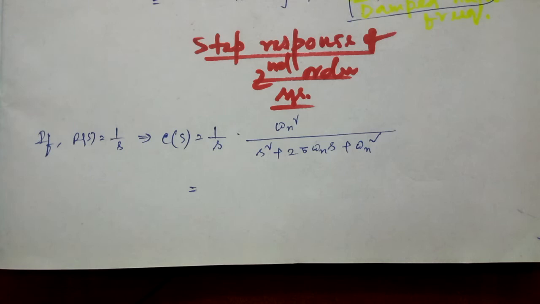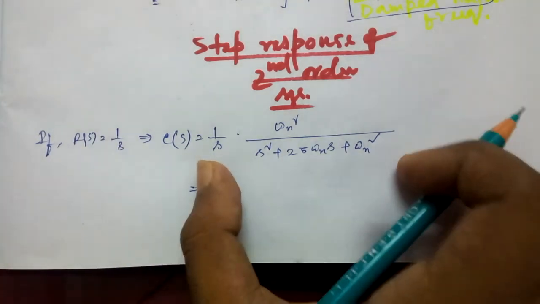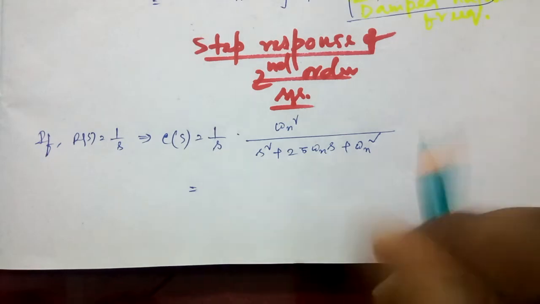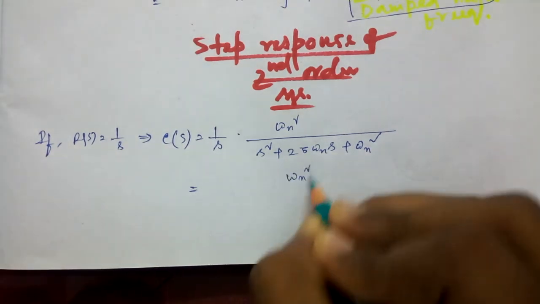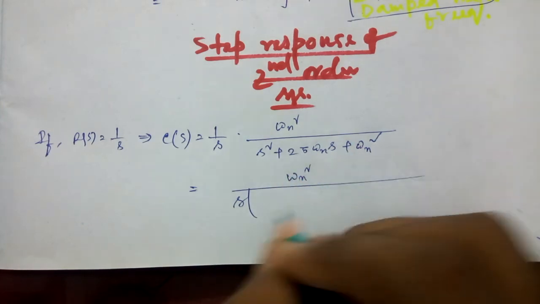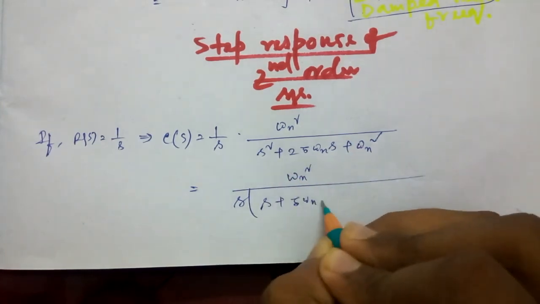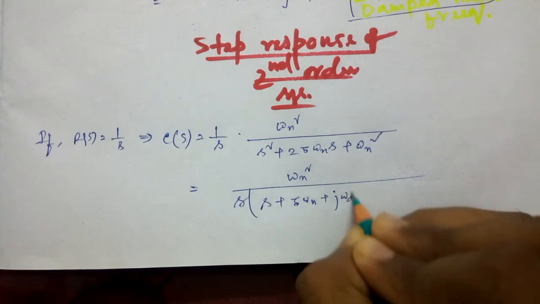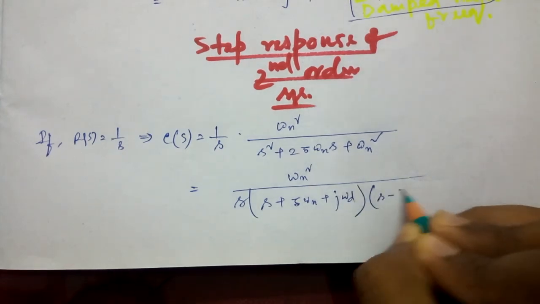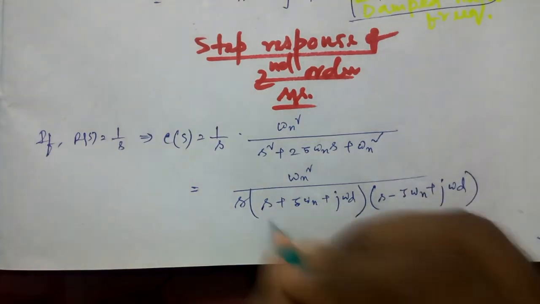So now, taking R(s) equal to 1 by s, multiplying this, we can write it as omega n square into s, with factors s plus zeta omega n plus j omega d and s plus zeta omega n minus j omega d.